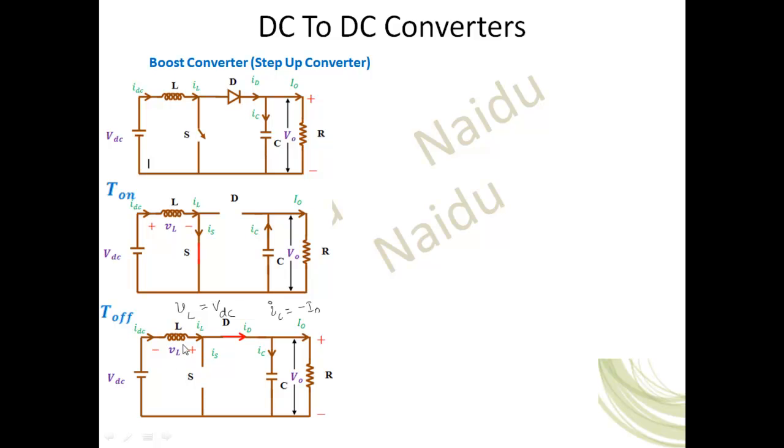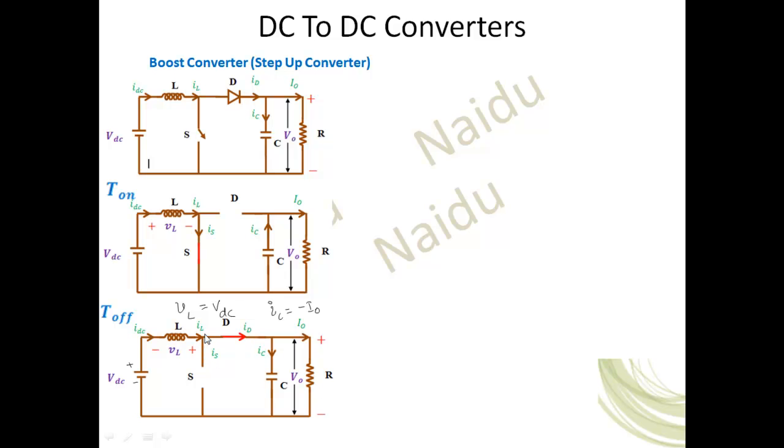Now we can see that the inductor voltage is reversed compared to the previous one, because the current will be in the same direction. The charged inductor will discharge in the same direction of the current, but the polarity will be changed. Now you can see that this is the aiding nature. This is positive already, so positive and negative, that means these two are in aiding nature. Both will combinedly supply the energy to the load.